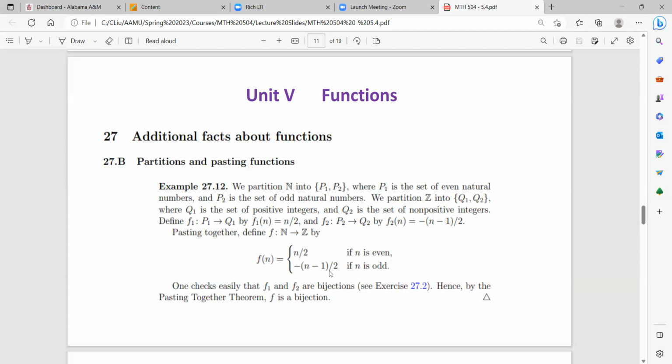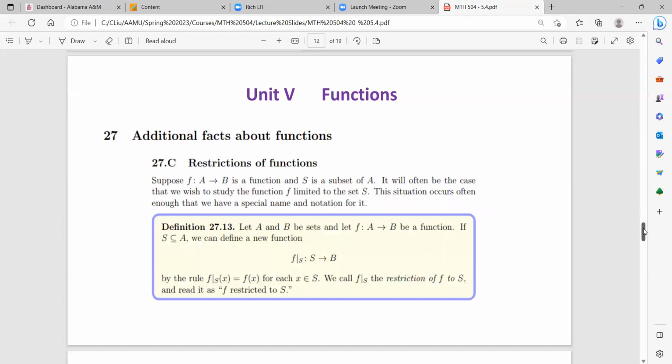So it is onto also, so it is a bijection. So from the theorem on the previous page, if f1 and f2 are bijections, then f is a bijection also. So this function is actually a bijection, although it is piecewise defined. It looks weird, but it's actually a bijection. Any questions?